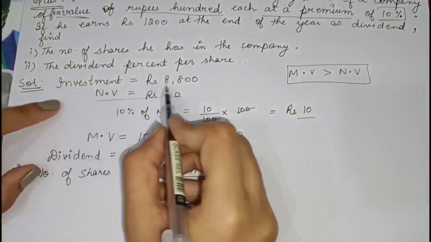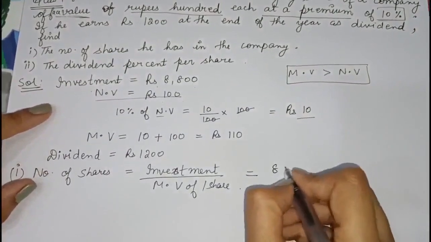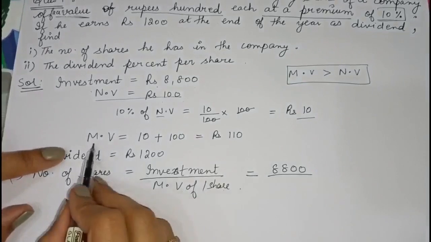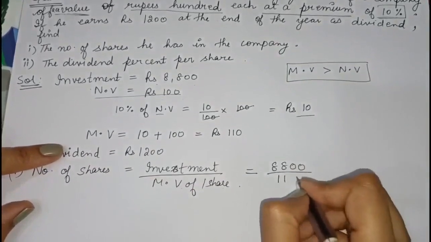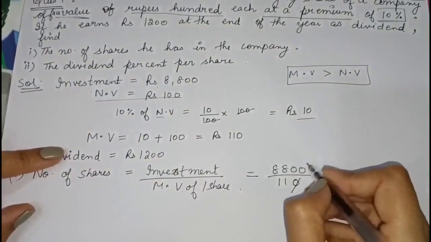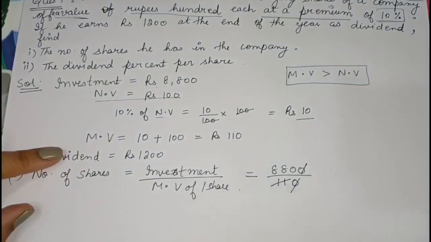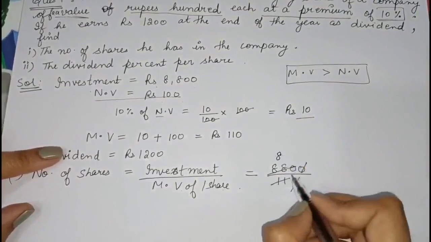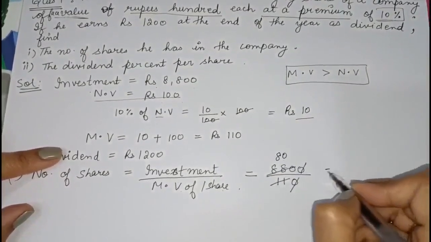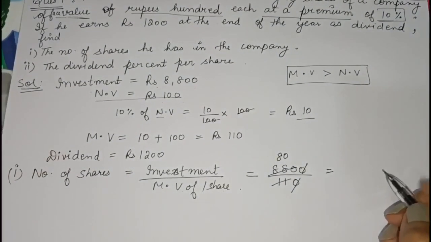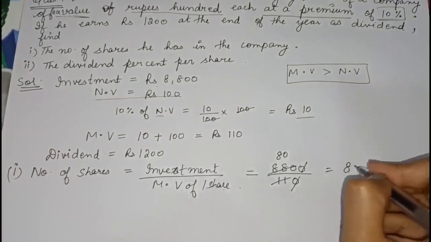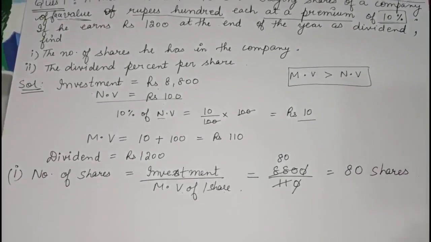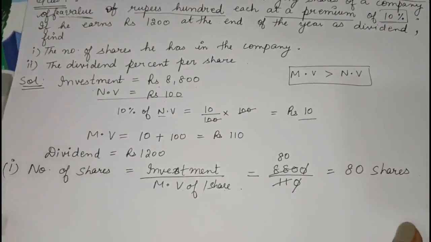Investment is 8,800, and MV of one share is 110. So 0 and 0 will get cancelled. On 11's table we can directly do the cancellation: 11 into 8 is 88, and 1 0 will come. So the number of shares we have found is 80. So the first point is done.